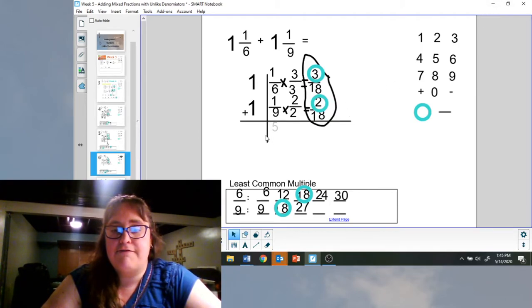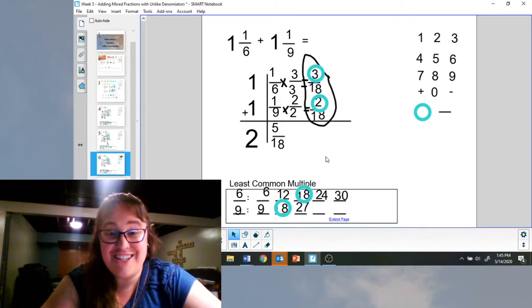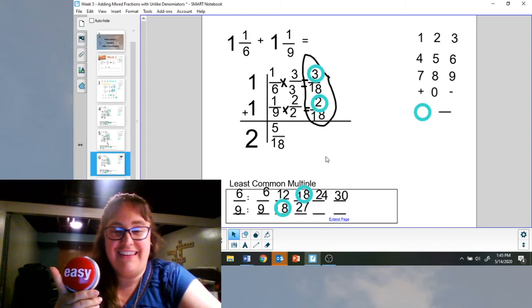So you've got 5 over 18, which is a proper fraction, less than 1. Adding your whole numbers, you've got 2. And you should write that larger. So it should be like that. Did you get 2 and 5/18? If so, good job. That was easy.